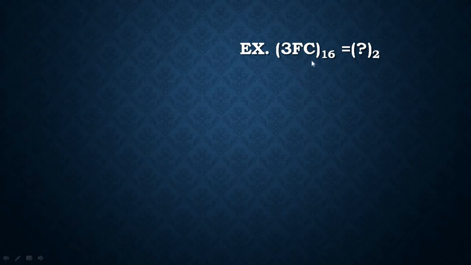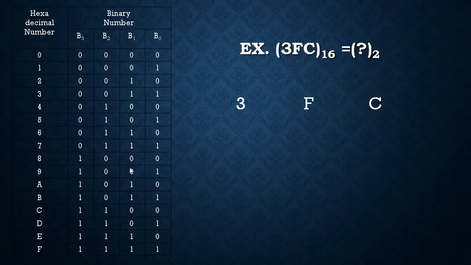We have the example 3FC to the base 16 and we have to convert this number into the binary number system. To convert the number, first we write the separate digits 3, F and C. We again observe the relation table. For 3 we get the binary equivalent 0011. We write this 0011 below the 3.